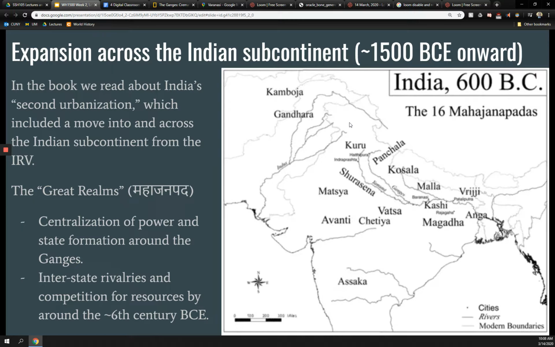We see the exact same thing happen in China with early Chinese philosophy, people like Confucius, Lao Tzu, Mozi, etc. We'll see lots more in a few days. I believe the next lecture will cover this. These fragmented sets of states lead to these fragmented sets of philosophies, both religious and kind of moral or political.